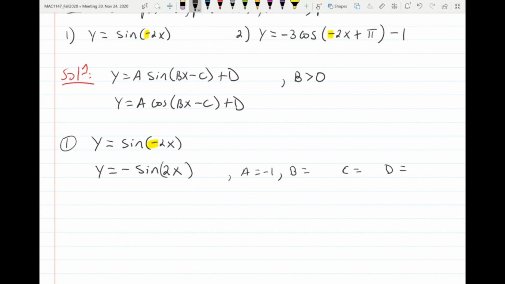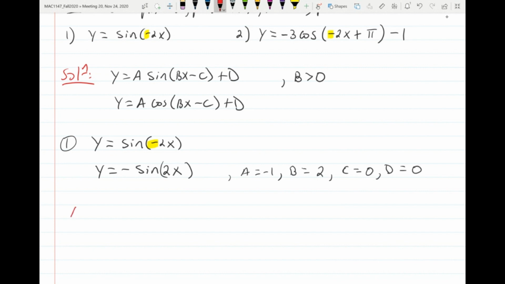It's negative 1. The value of b is 2. How about the value of c? So c is 0, and the value of d is also 0. Okay, good.